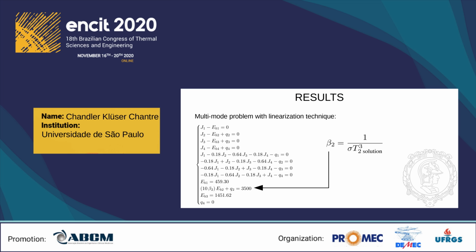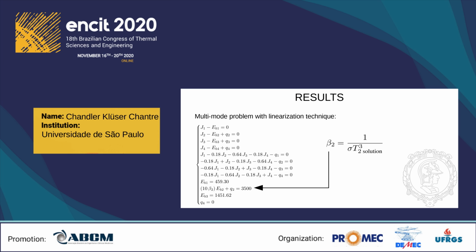The first 4 equations of this system are the first group in the model presented in this work. The second 4 equations, the second group, and so on. To keep in mind, the whole radiative linear system will have 3 times n unknowns.